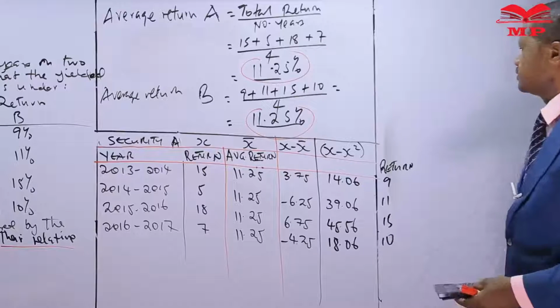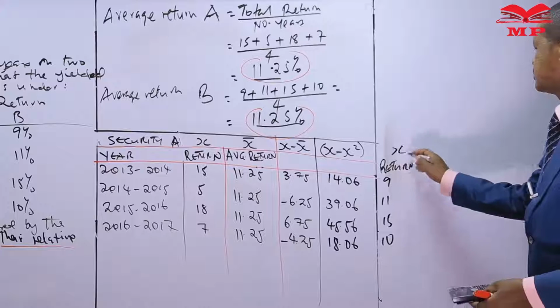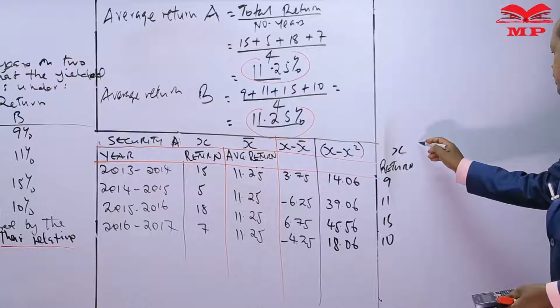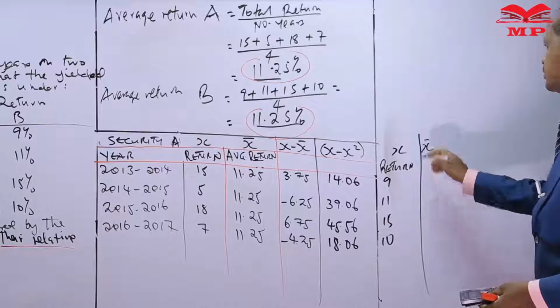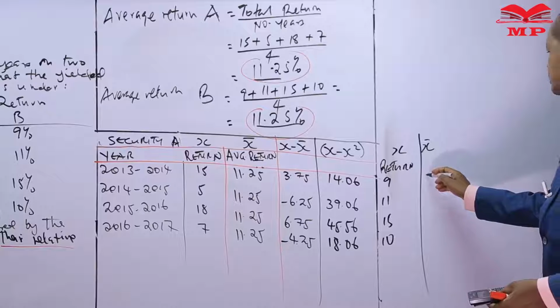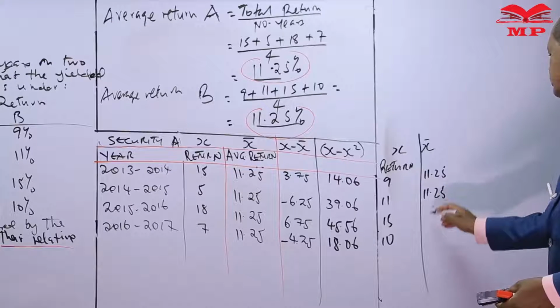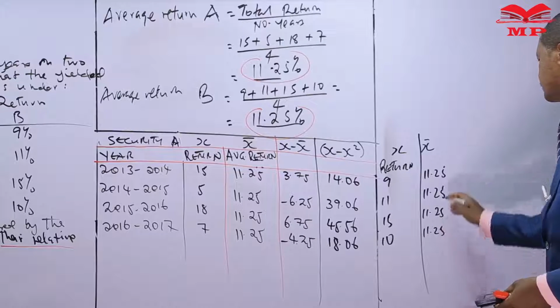That's the return X. Then there is the average return, X bar, is 11.25, 11.25, 11.25, 11.25.